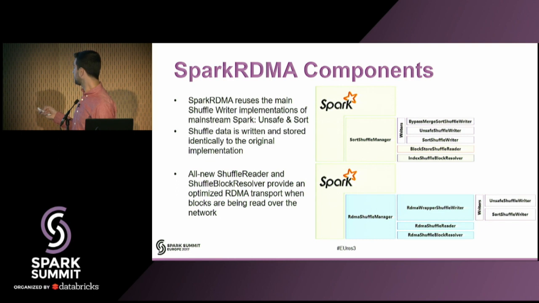So we created a very slim writer that basically wraps the existing writer in Spark. The reason is that we wanted to write and store the shuffle data exactly as standard Spark does today. We didn't want to actually change the data. Other than that, we implemented a new shuffle reader and shuffle block resolver that do the transfers over the RDMA transfer that we're trying to fit in here.